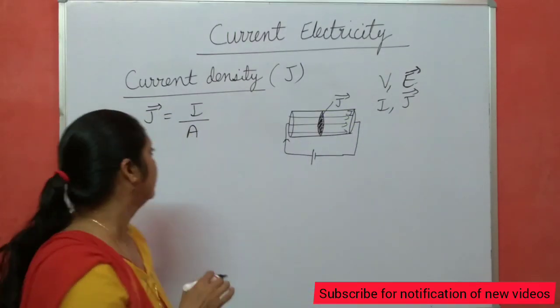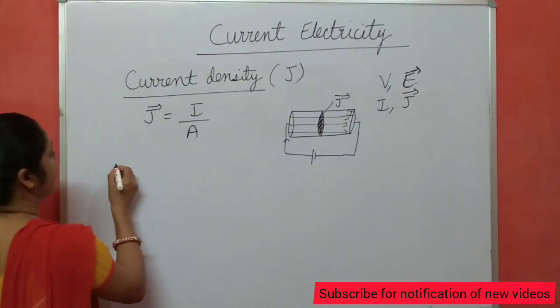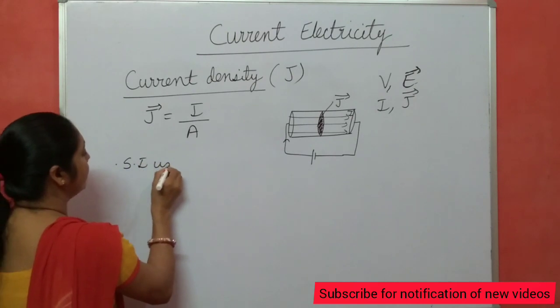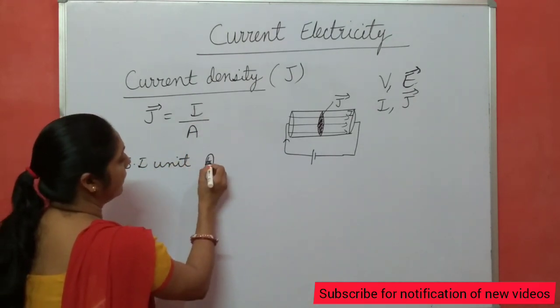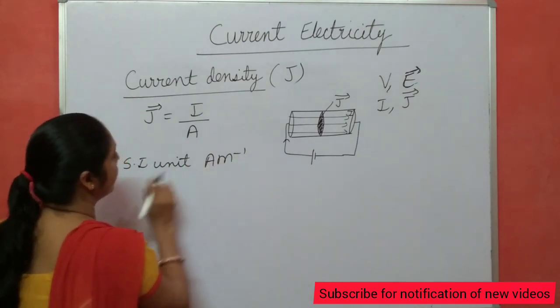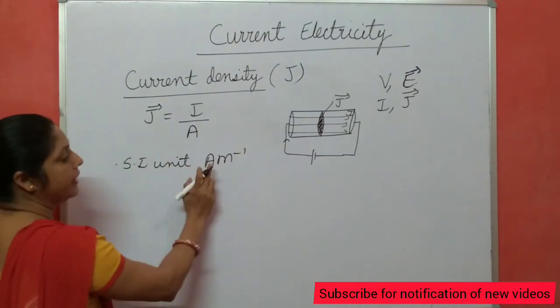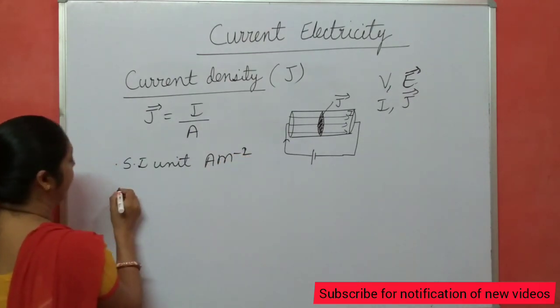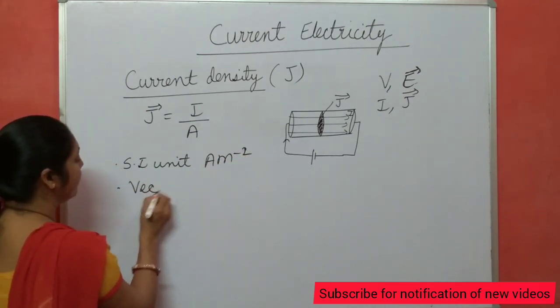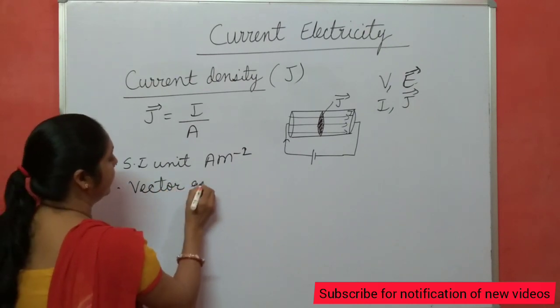Is it clear? And its SI unit is what? This I is ampere and this area is meter square. So SI unit of current density is ampere per meter square. And it is what type of quantity? Vector quantity.